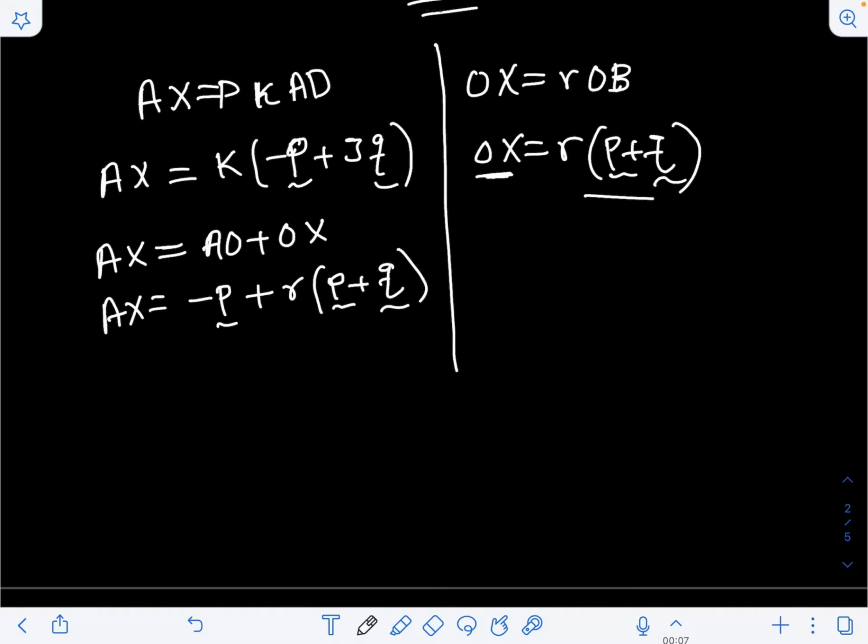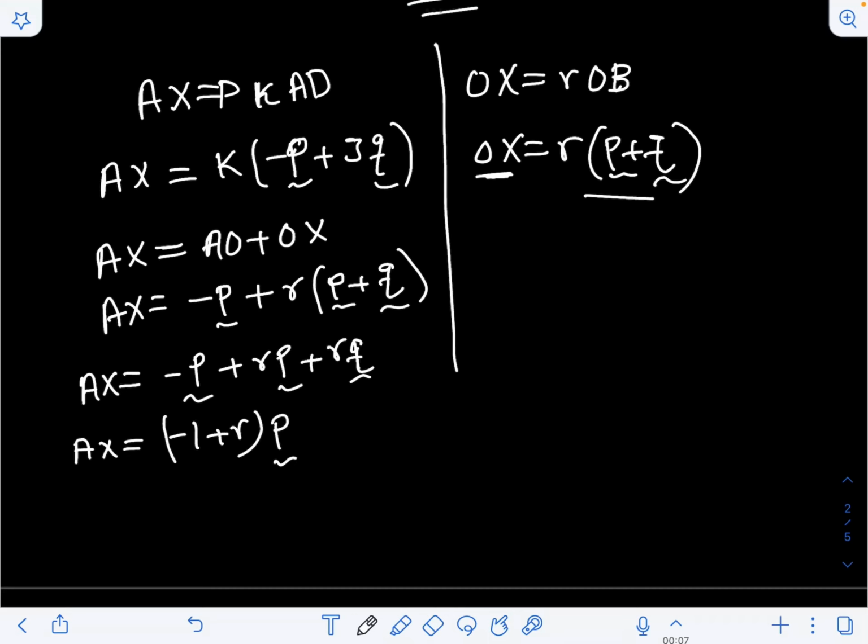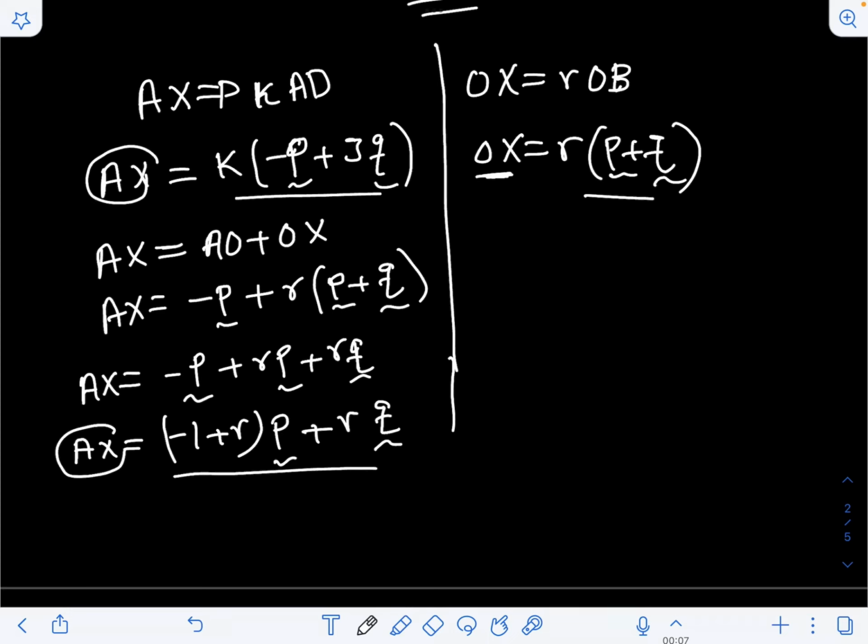So let's open that bracket, which gives AX equals negative vector P plus R vector P plus R vector Q. These are like terms, so AX here is negative 1 plus R, we can factor out vector P, plus R vector Q.